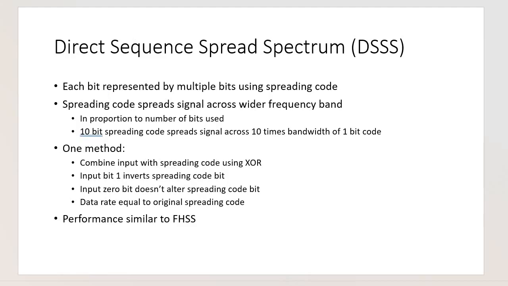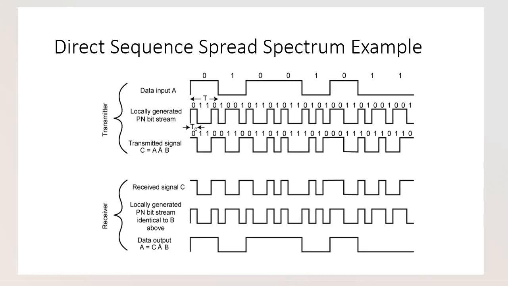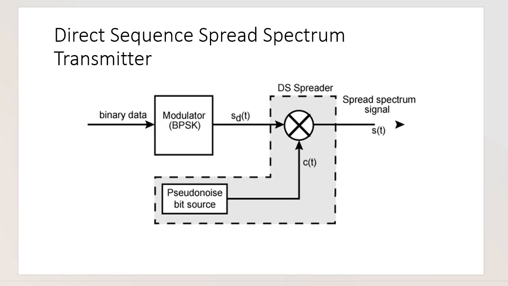In direct sequence spread spectrum, each data bit is represented by multiple chips using a spreading code. The signal bandwidth increases in proportion to the number of chips, improving security and interference resistance. And these are the examples of direct sequence: input data bits are combined with the spreading code using XOR operation to generate the spread signal.